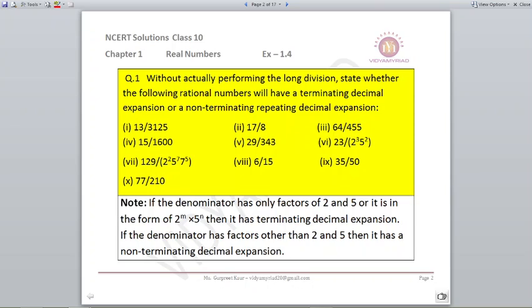Other than that, it will have a non-terminating decimal expansion. So for every fraction, we will check the denominator whether it has the factors of 2 or 5 or not. So let's begin with it.